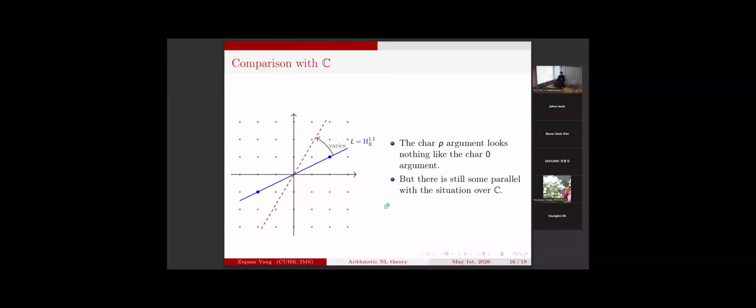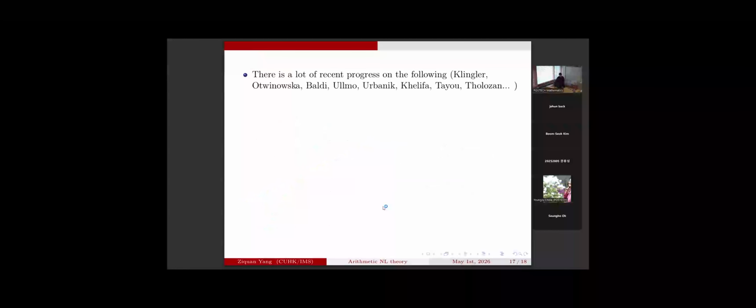But still, we want to see some parallel between the situation in characteristic p and the situation over C. Over C, there is a lot of recent progress on the following question, by people like Klingler, Otwinowska, Baldi, Ullmo, Urbanik, Khelifa, Tayou, Pozzi.